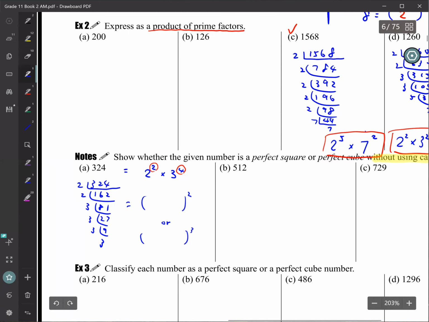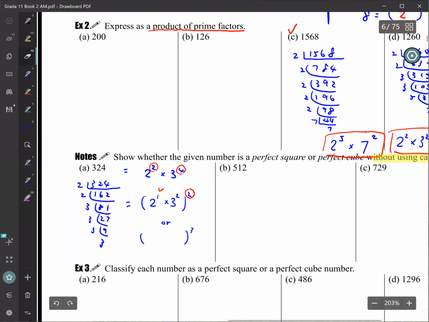Because they are both divisible by 2, I can write it as 2 to the 1, because 2 divided by 2, times 3 to the 2, because 4 divided by 2. So that means I have taken out a 2 on the outside. If I multiply in, it will go back to the same thing.